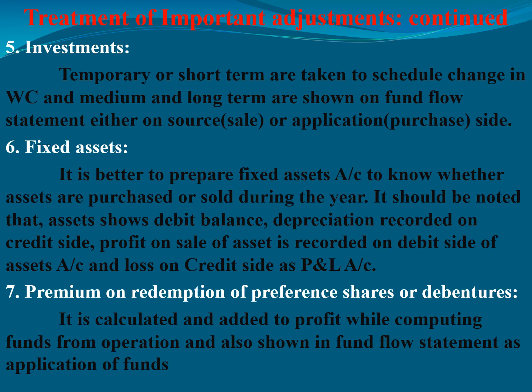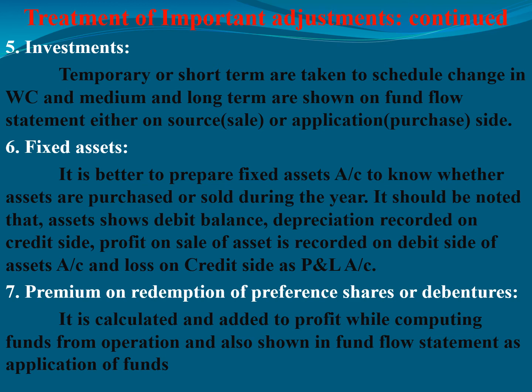Fixed assets like land, building, machinery, furniture, equipments. It's better to prepare a fixed asset account to know whether assets are purchased or sold during the year. It should be noted that an asset shows a debit balance, depreciation is recorded on the credit side, profit on sale of asset is recorded on the debit side of the asset account, and loss on the credit side, as P&L account.